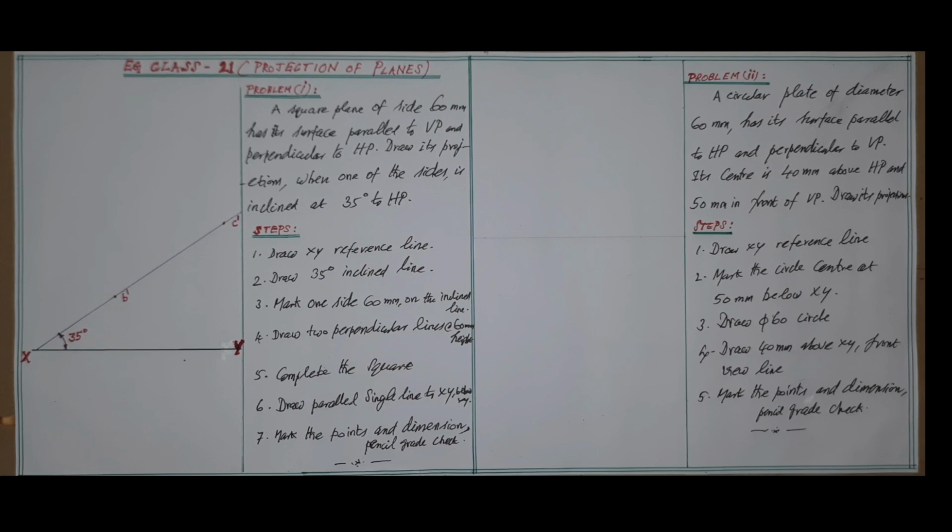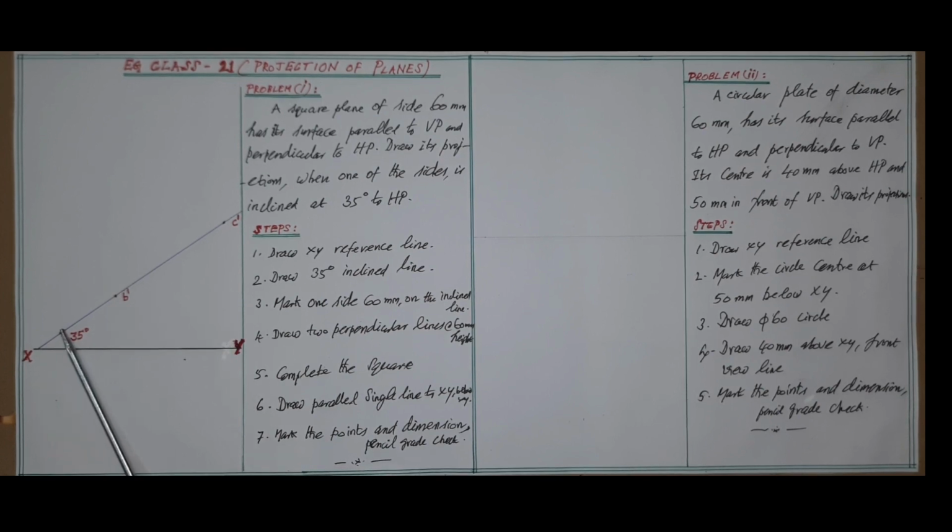Hence the drawing is to be drawn as follows. As per step 1, first draw the XY reference line, then draw a 35 degree inclined line based on the given data, taking the angle above XY, that is in the vertical plane.